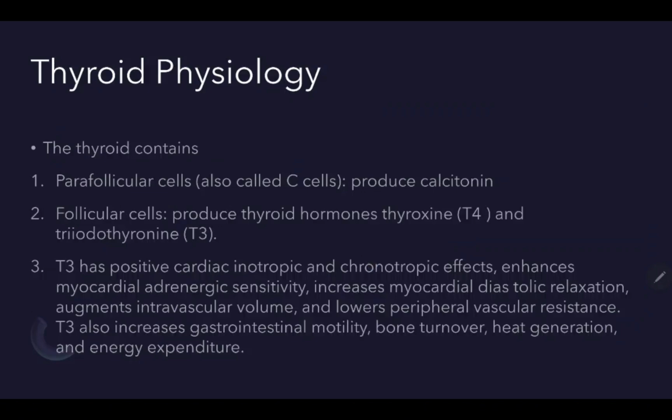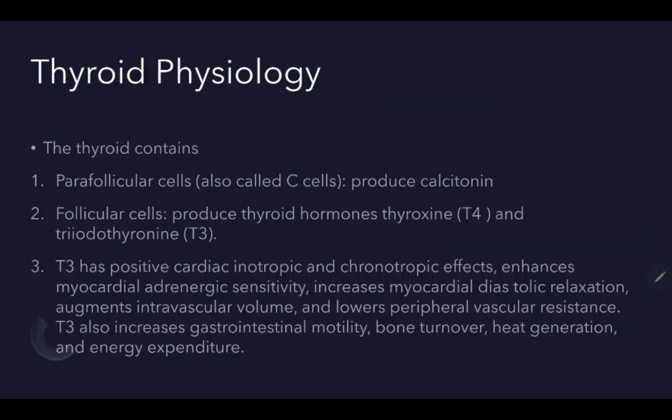The active one is T3. T4 can also act in the body, but it's more of a storage form or a transporter form. Most of the actions happen as T3, and T4 will be converted to T3 in the peripheral tissues.